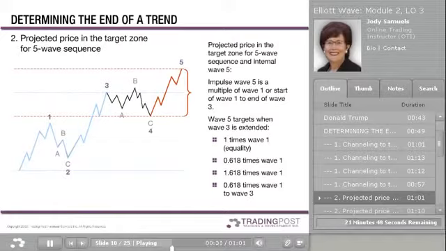The probable targets for wave 5 when wave 3 is extended are 1 times wave 1, or equality with wave 1, where the length of wave 5 equals the length of wave 1, 0.618 times the length of wave 1, 1.618 times the length of wave 1, and 0.618 times the length of the start of wave 1 to the end of wave 3.